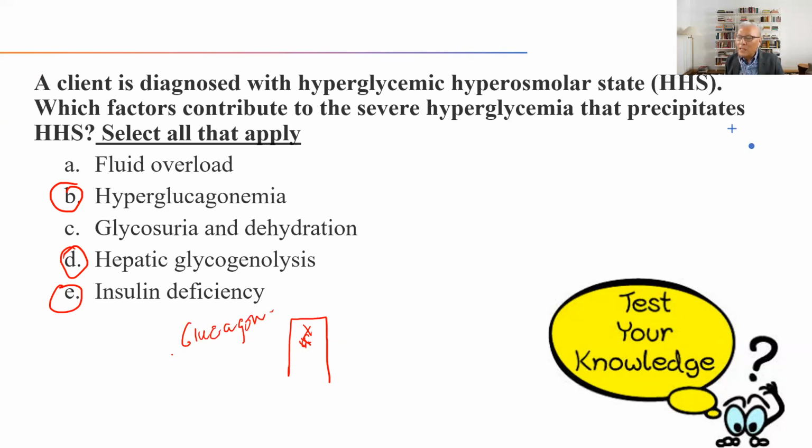And then the liver is now going to break down fat or break down glycogen to be used as a fuel. And of course, the insulin deficiency is what causes the hyperglycemia to occur. So the correct answers are B, D, and E.